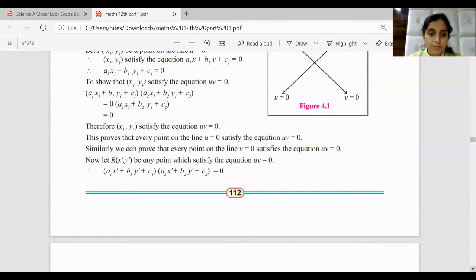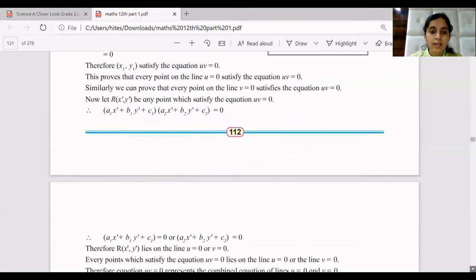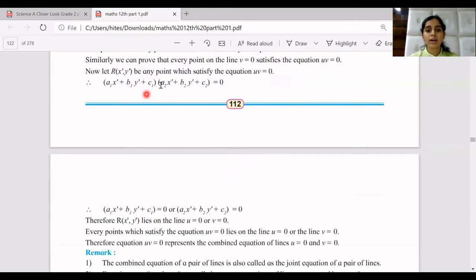Now, let us see about x', y'. Now, (a1 x' plus b1 y' plus c1) into (a2 x' plus b2 y' plus c2) is equal to 0. So now they've put x', y' in the combined equation uv, and they want to prove that u is equal to 0 or v is equal to 0.